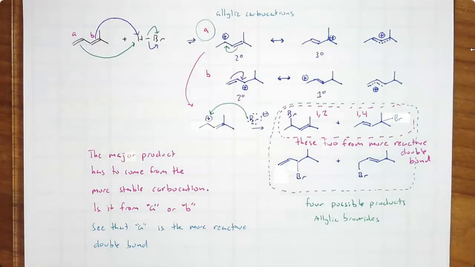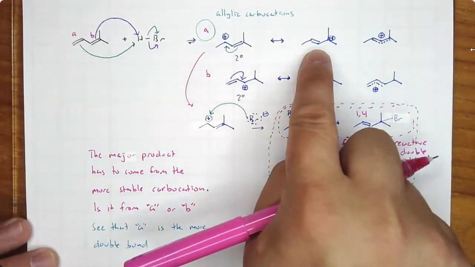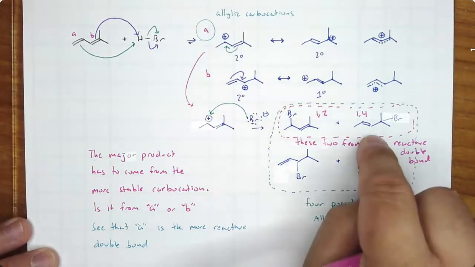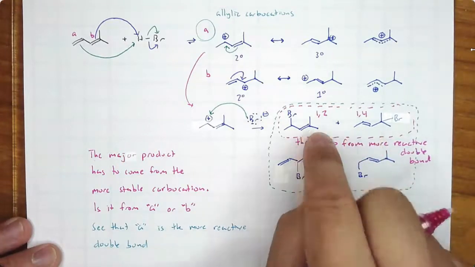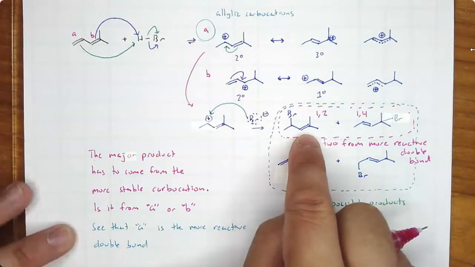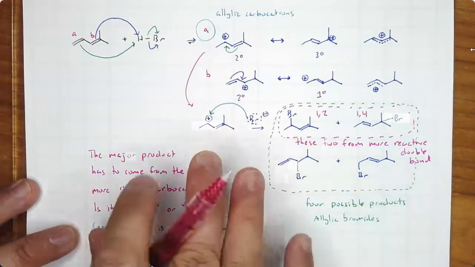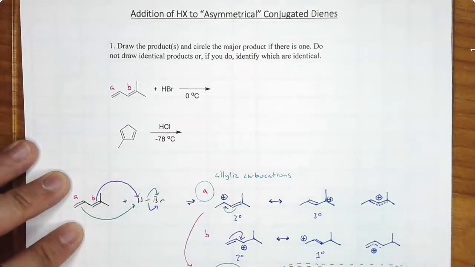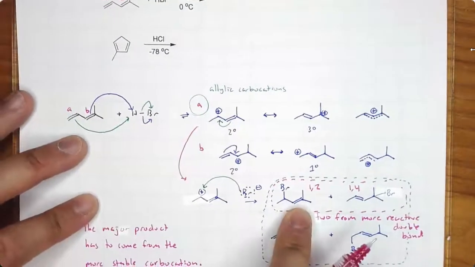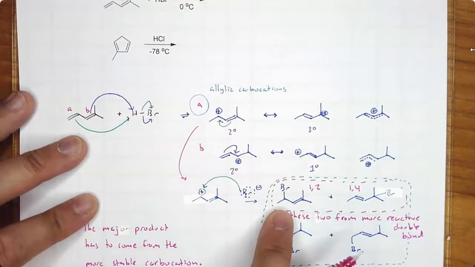The 1,2 product is always kinetic. The 1,4 could be thermodynamic if the final product is more stable than the 1,2. But in this case, the 1,2 is also more stable. So regardless of the temperature, it would have to be this product right here that is the one major product.